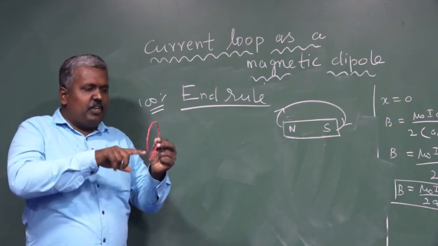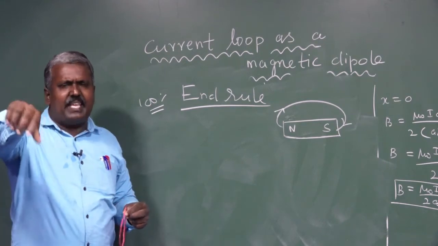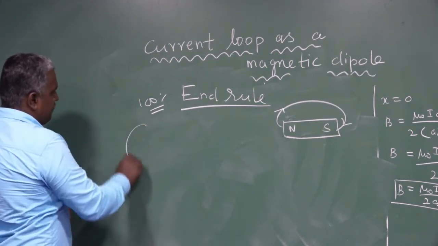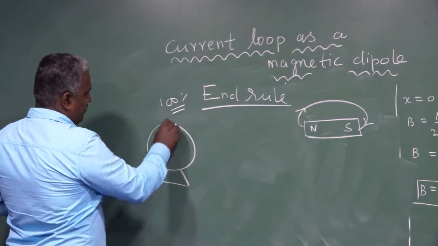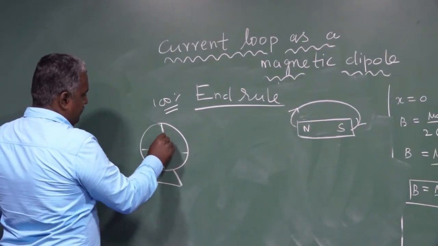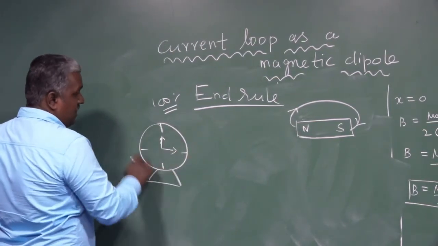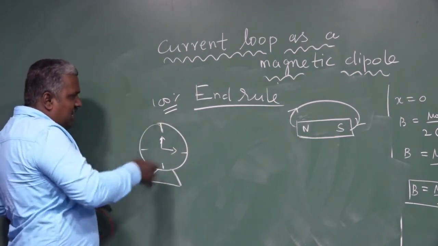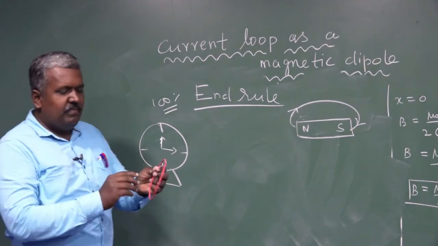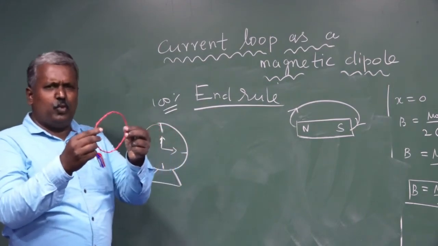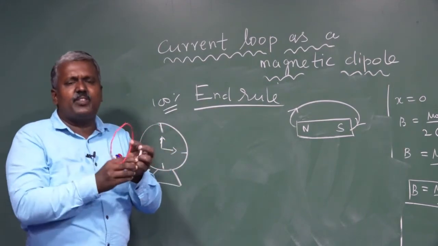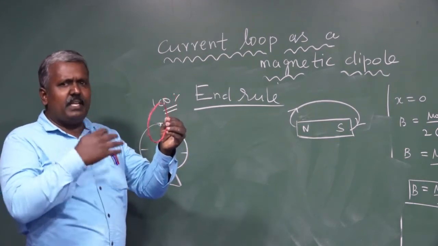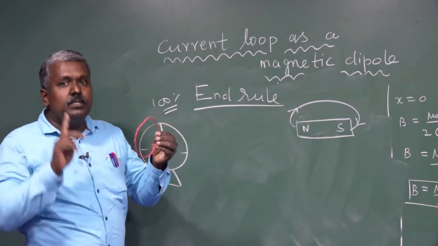So when current flows through it in the clockwise direction, what is clockwise? This is clockwise. This is anti-clockwise. So when current flows through the circular coil or loop in the clockwise direction, looking at one end, the nearer end corresponds to the south pole.